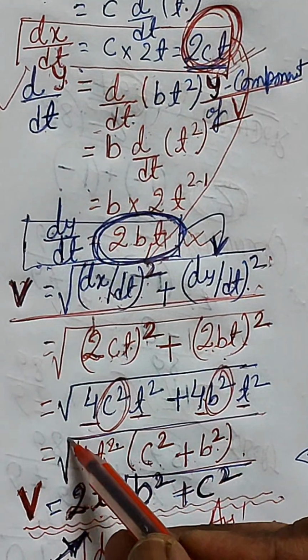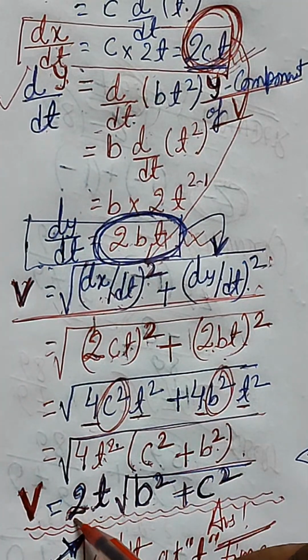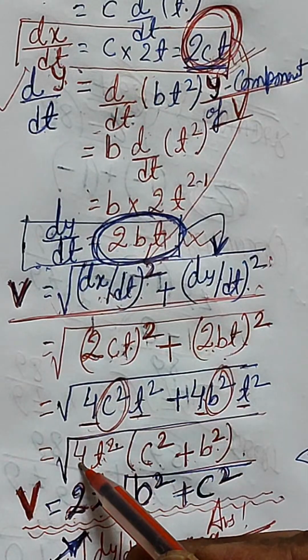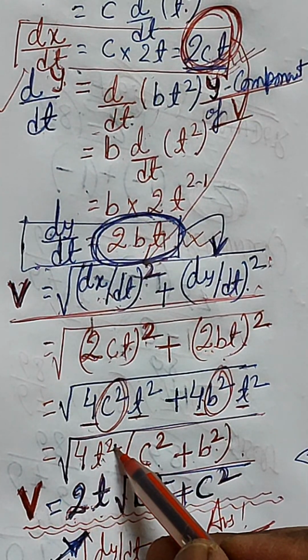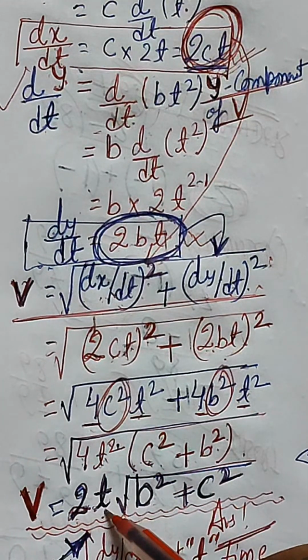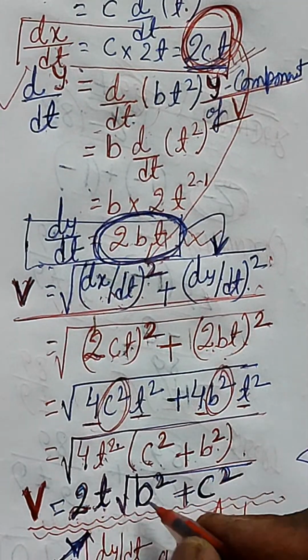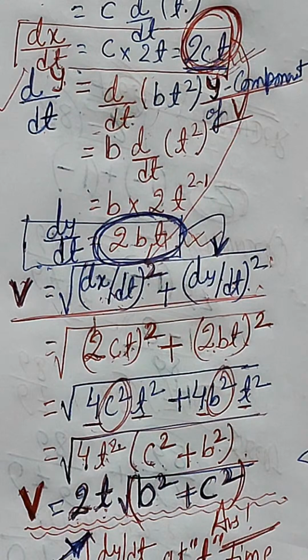But when you take the square root of 4 it is 2. So 2 will be coming out from this square root, because the square root of 4 is 2. And the square root of t square is t. So that's why this t came out. And inside the bracket we are left with this b square plus c square, right?